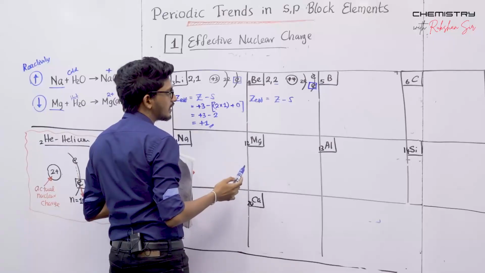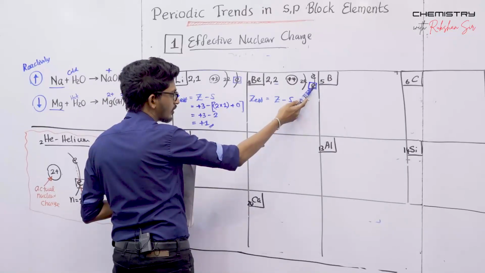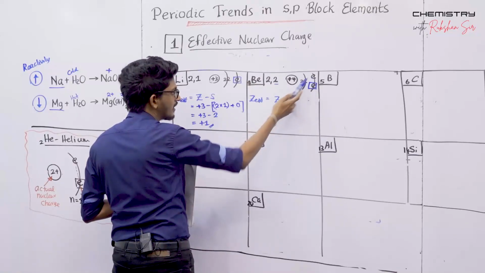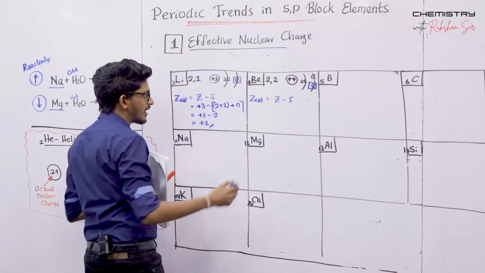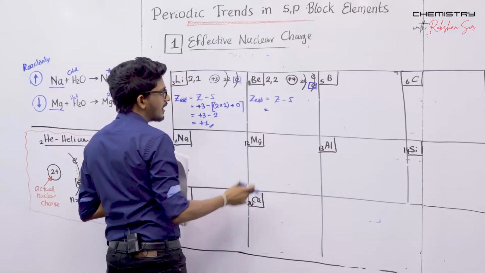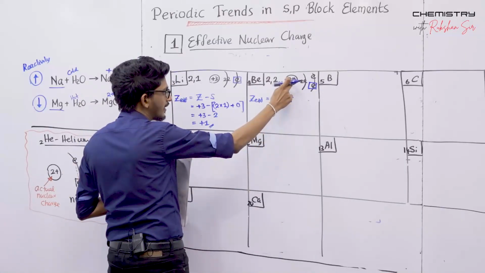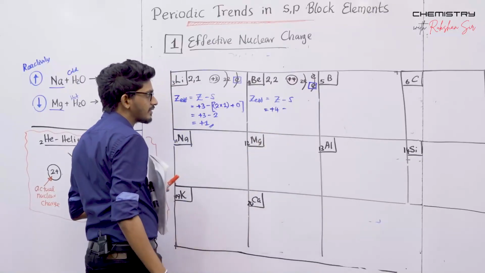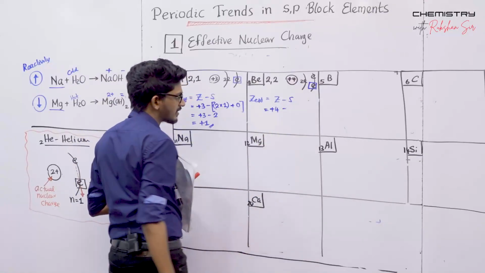This is your considered electron, and you have another same-shell electron. So let's calculate the effective charge. You have 4 protons there, +4, minus the shielding effect.